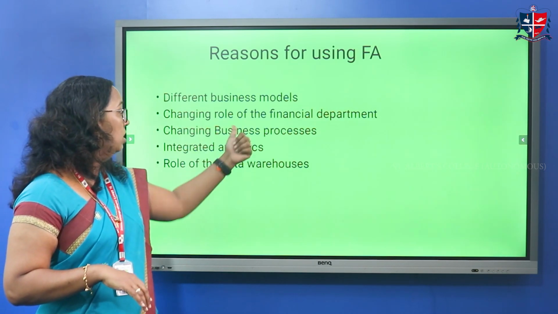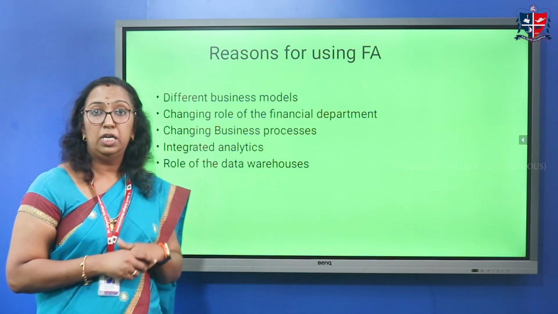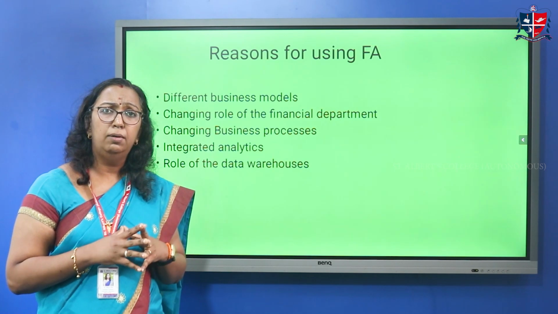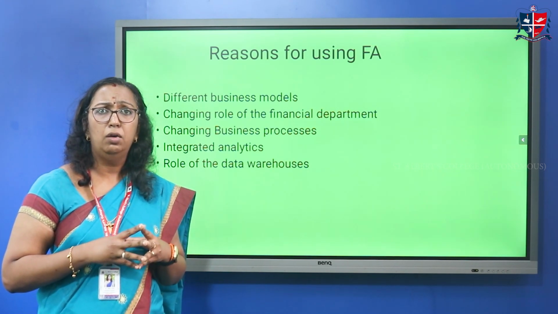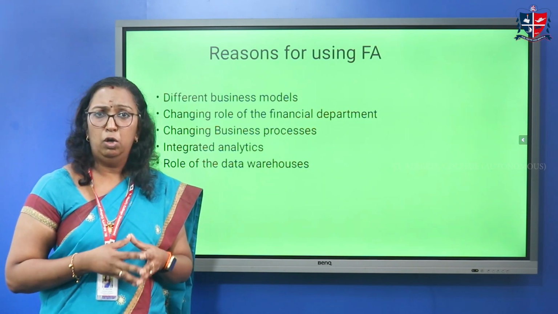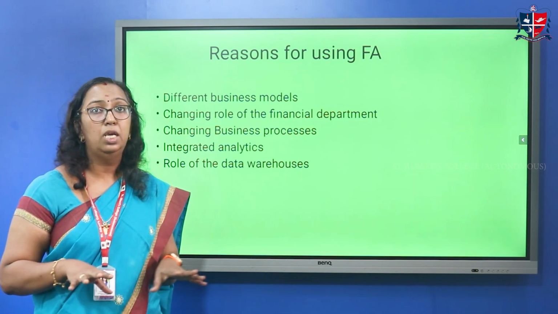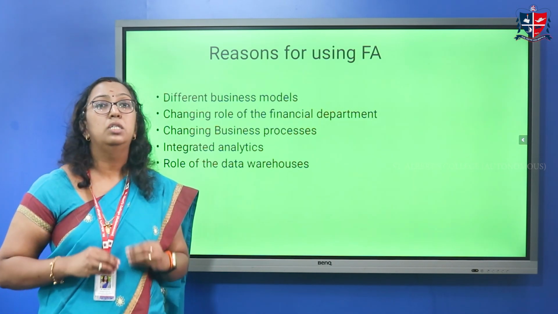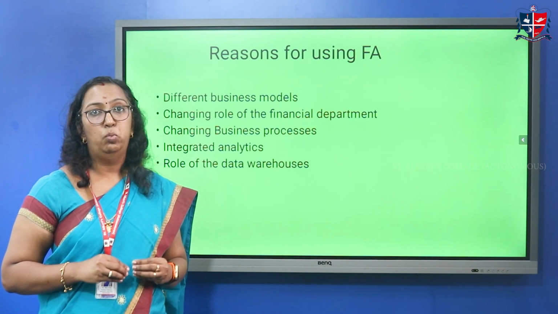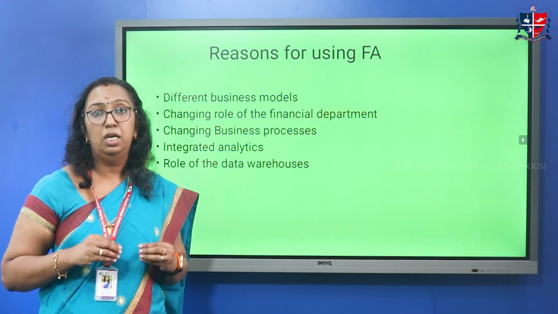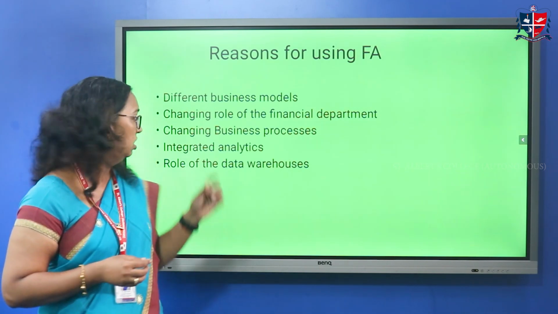The second reason is the changing role of the finance department. In the traditional finance department, they were only into profit and loss account statements, journal entries, or ledger entries. But now it is not the case. You are looking into the key result areas, trying to understand what those key result areas are and how they are contributing to your business.